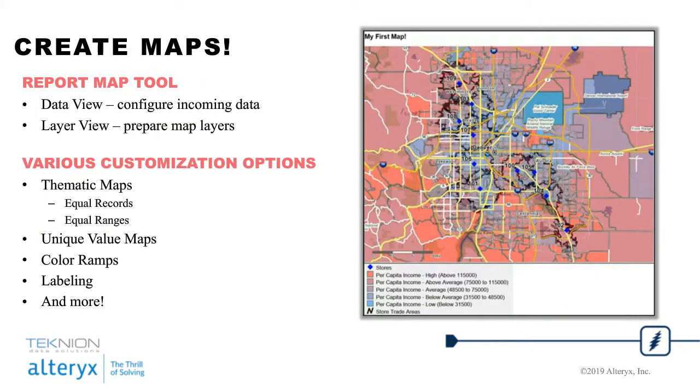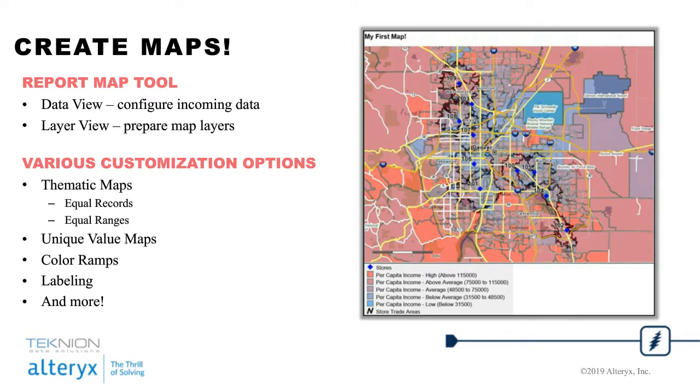And lastly, you can create maps. So we're going to use the report map tool, and you're going to see how it works. There's a data view where you configure the incoming data. Then there's a layer view to prepare your map layers. And in the layer view, you can decide which data sets to actually show on your map. You don't have to show all the data coming into the data view.